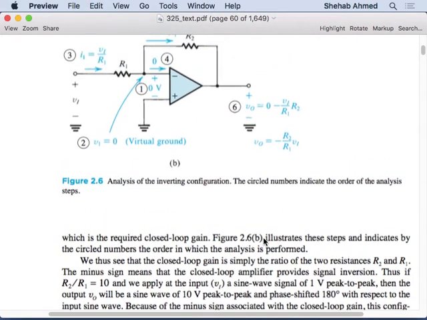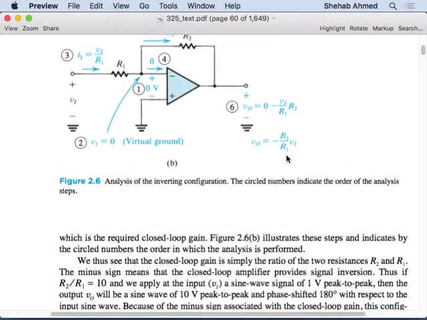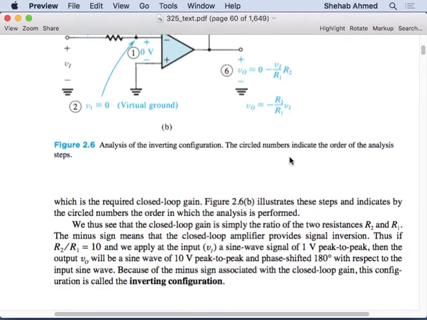Since my output is a gain multiplied by the input, for example, if I put a sine wave of peak to peak value 1 volt, what do I expect at the output? If R2 over R1 is equal to 10, I expect to see an output sine wave with a peak to peak value of 10.